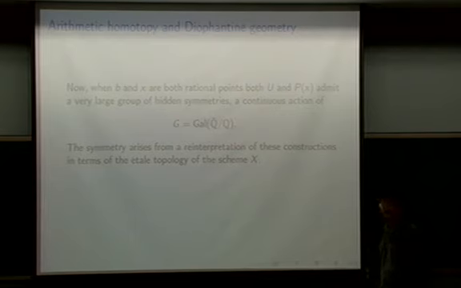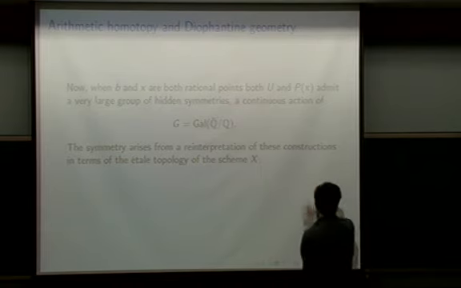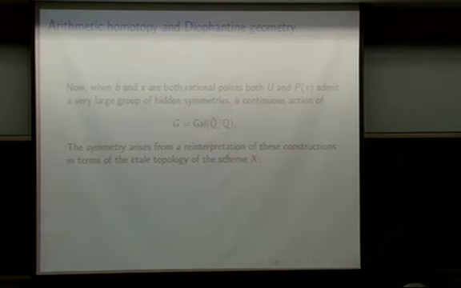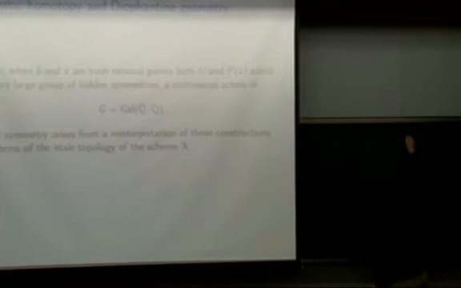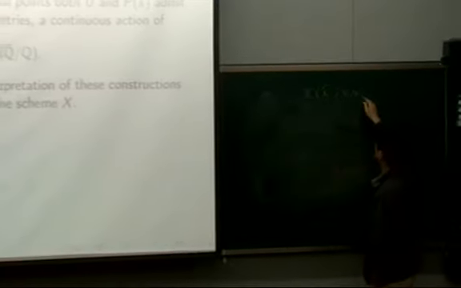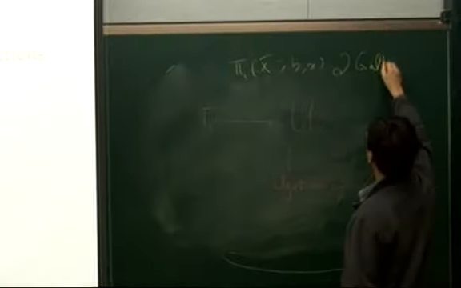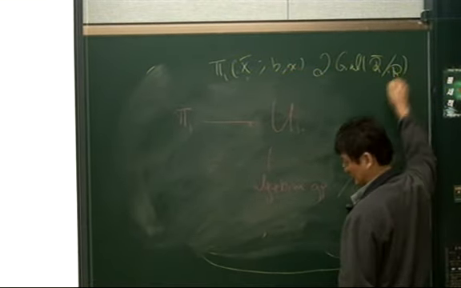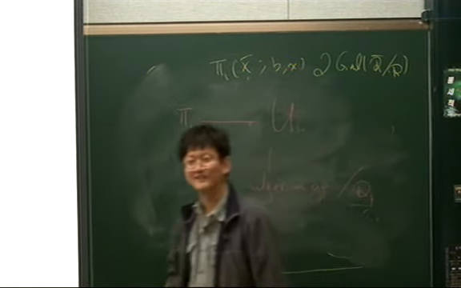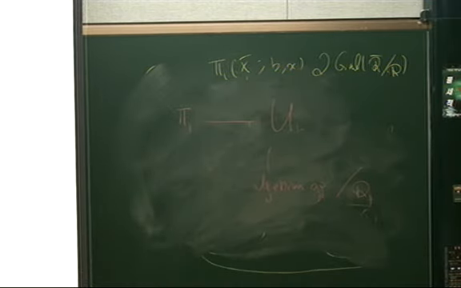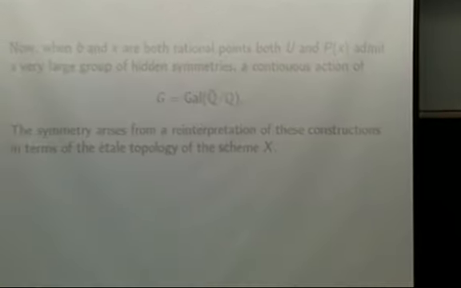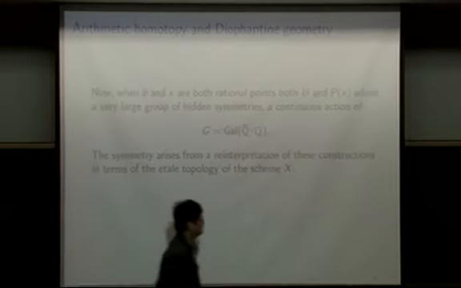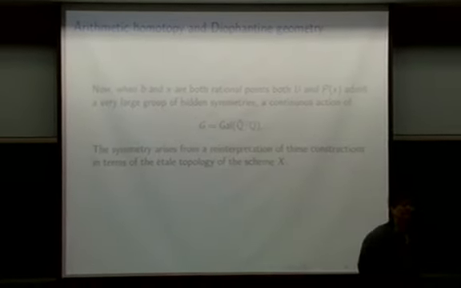That is to say, when the base point and the point x are both rational, when you've done this completion business, they admit an action of the Galois group of Q bar over Q. This follows from the tau topology that some of you came to study a few weeks ago. There's a way to interpret all these constructions within the tau topology in such a way that you figure out how to distinguish rational points among complex points.